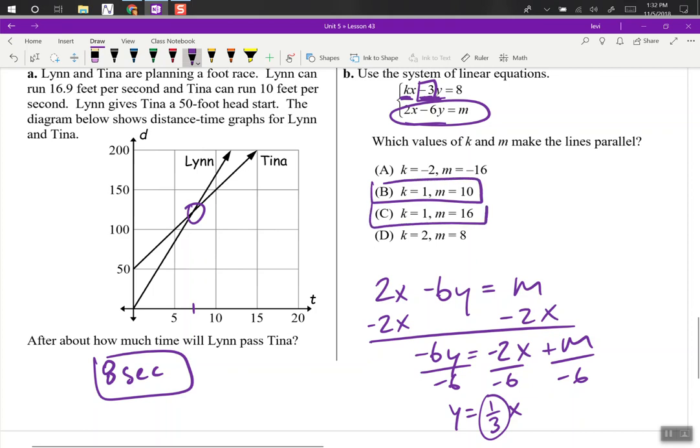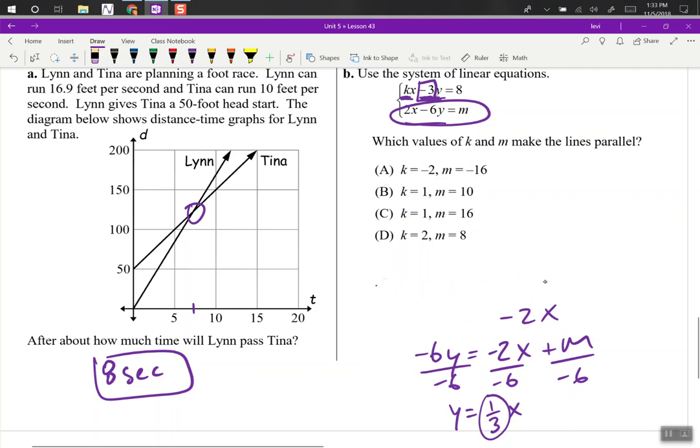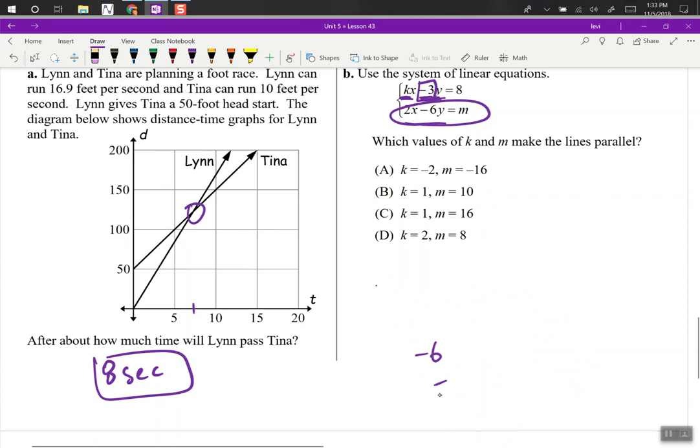So now, when we do that, we just need to have different y-intercepts, because if we have the same slope and the same y-intercept, then we'd have the same line. So we've established that k is going to be 1.